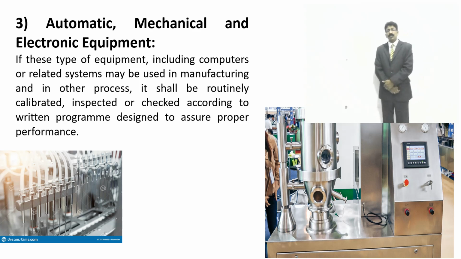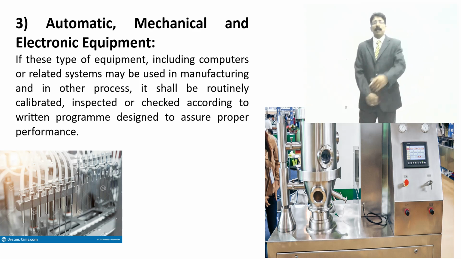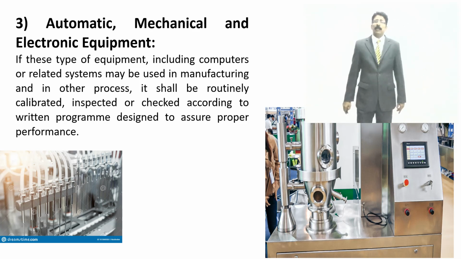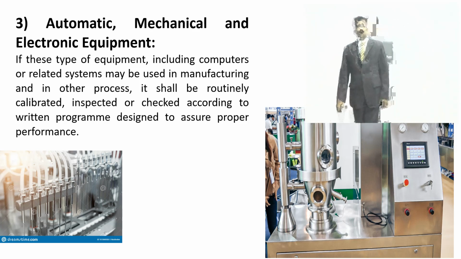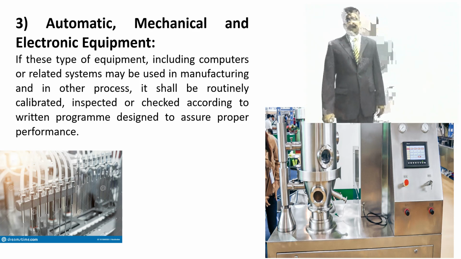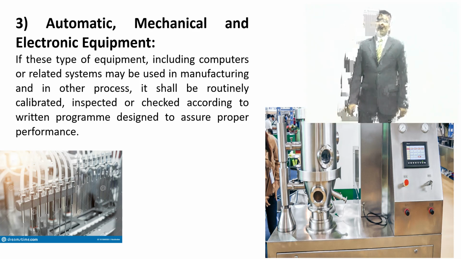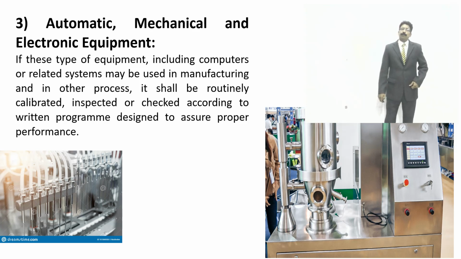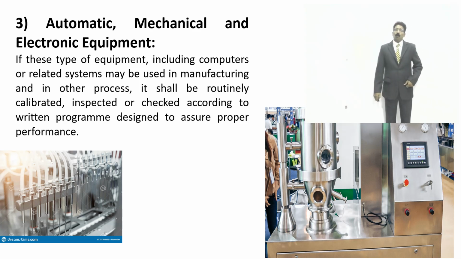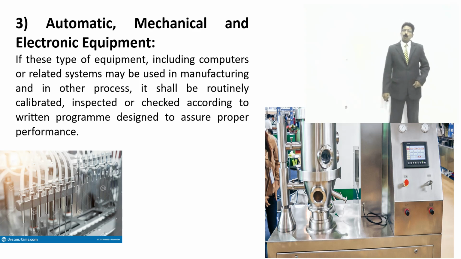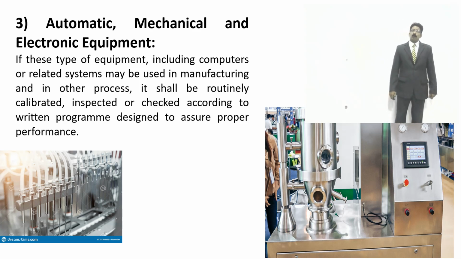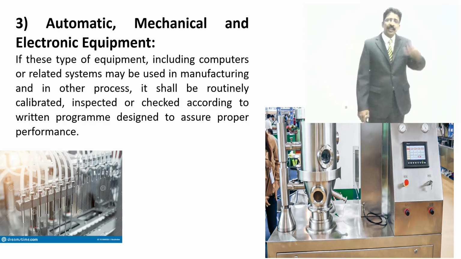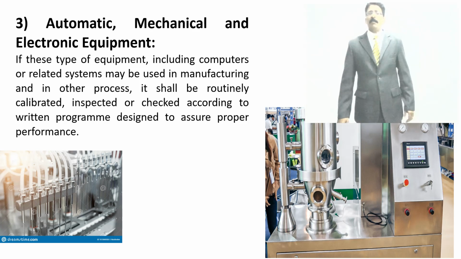You see, I have taken an example of a filling machine here, and this one is a fluidized bed dryer which is connected with an automatic computerized system, which can maintain the humidity and the temperature and the flow of dry air, and all these things can be automatically maintained, and this can be seen through the window available in the instrument.